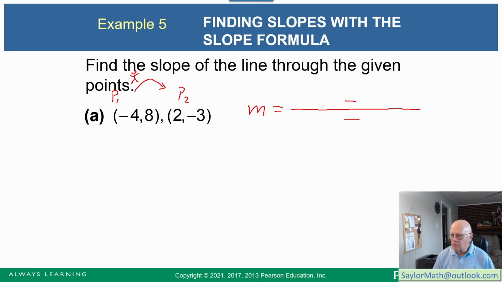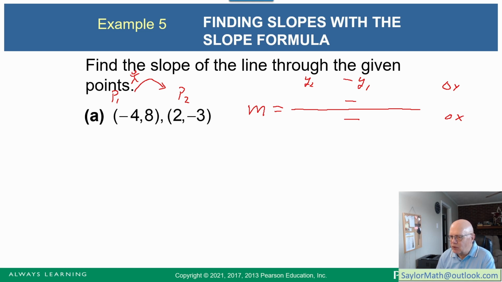Now, on the top go the x values. Or excuse me, that's not right. On the top go the y values, because this is going to be delta y on the top, it's going to be delta x on the bottom. So, I'm going to take the y coordinate from the second point, y2, and I'm going to subtract y sub 1.